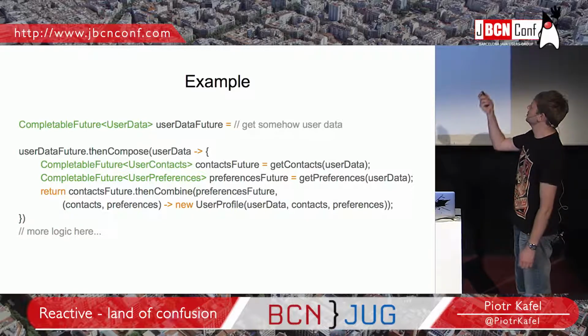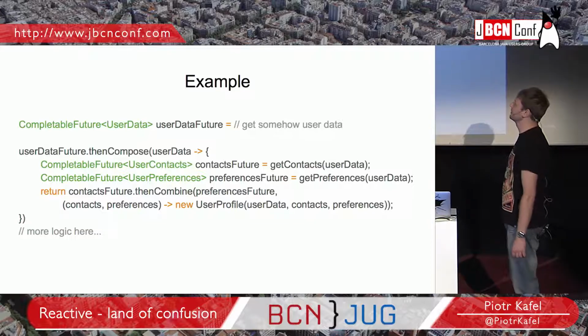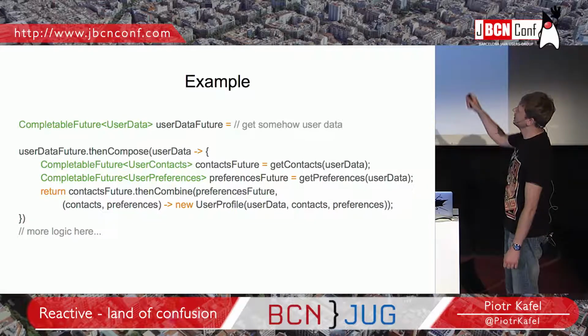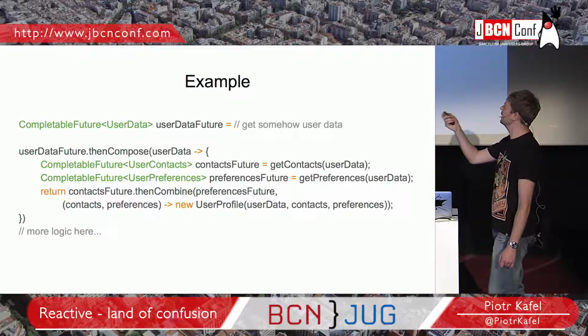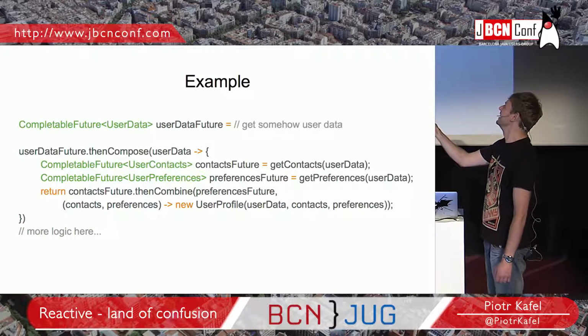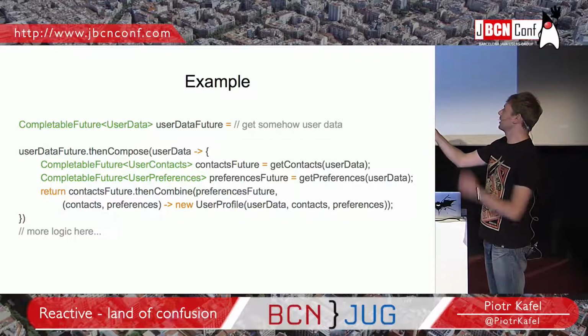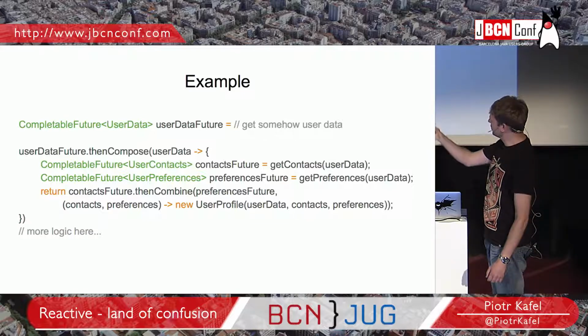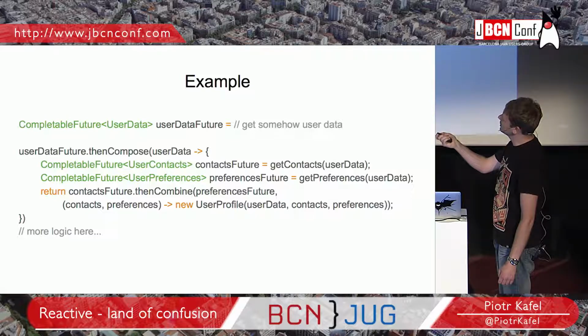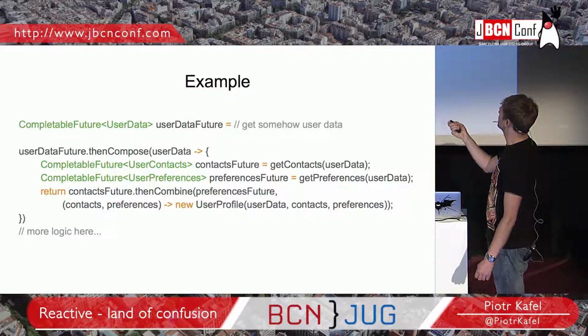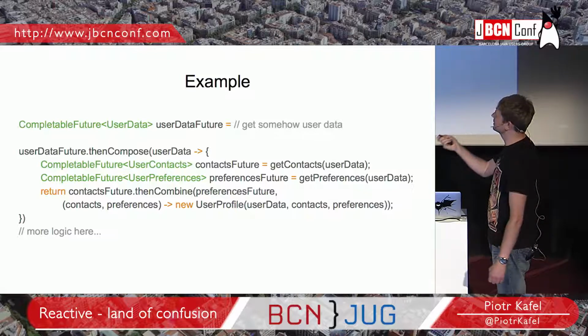So we have some user data future, and whenever the data from there comes, we are calling, I think I have a pointer here, amazing, thenCompose, and this function will be called. This function is creating another CompletableFuture, by getContact, getPreference.